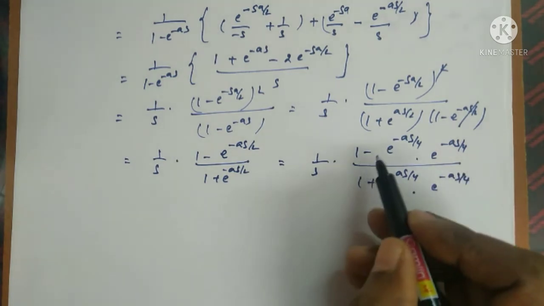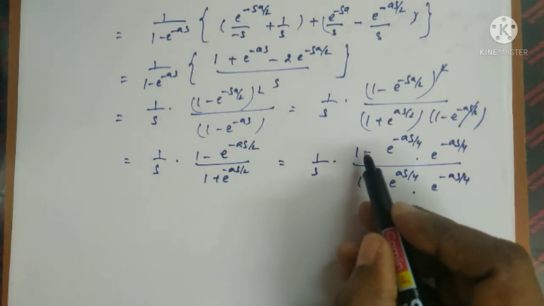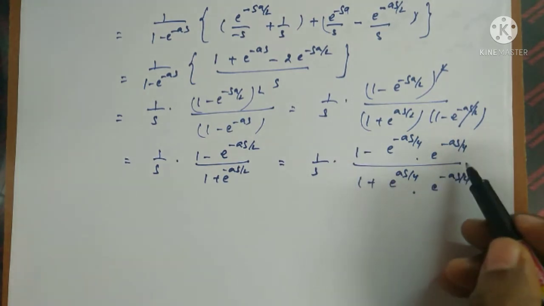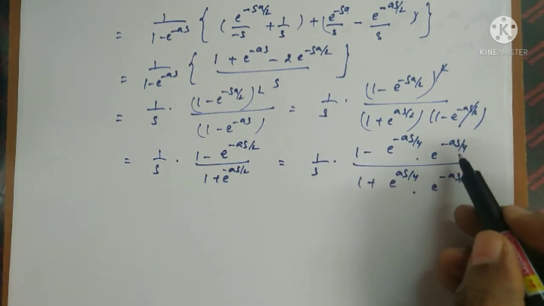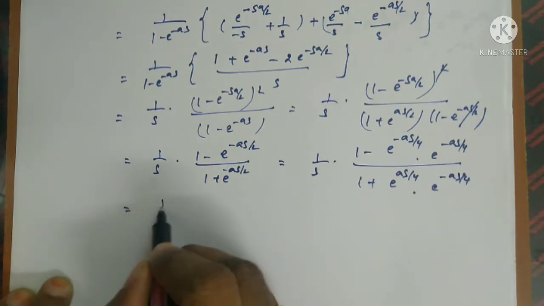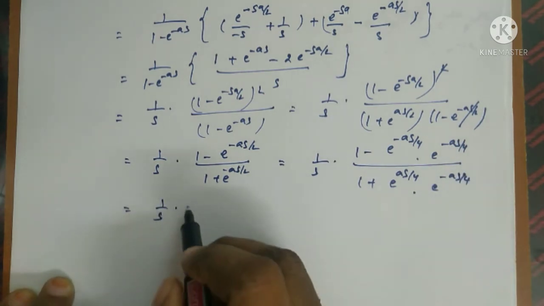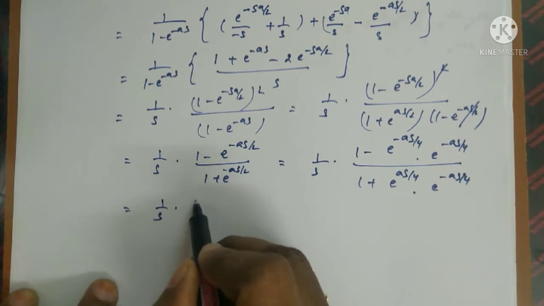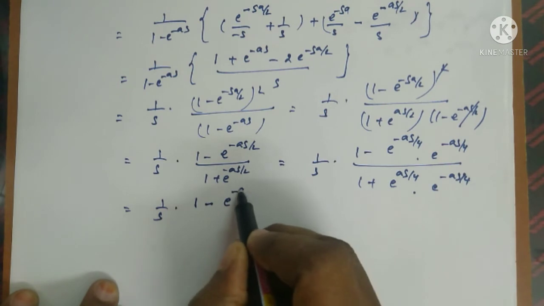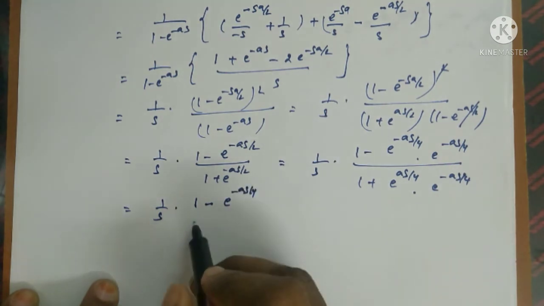Okay, and in the previous lecture video we have discussed how to simplify this one and these terms. If you follow that, you can follow that, or otherwise we can write the result directly, and this can be written as 1 by s into 1 minus e power minus as by 4.